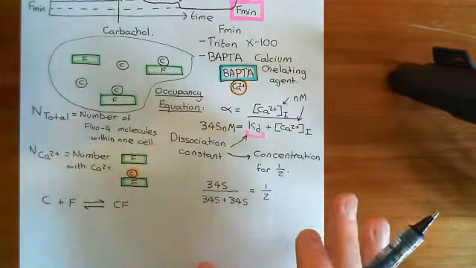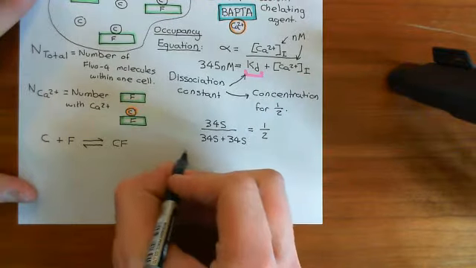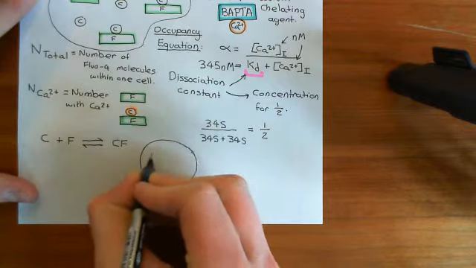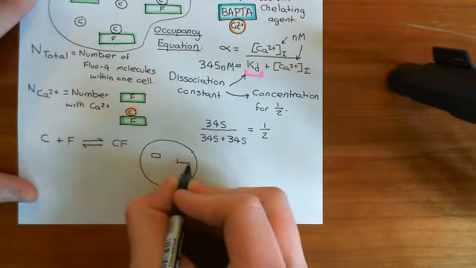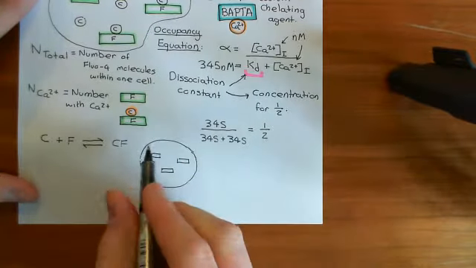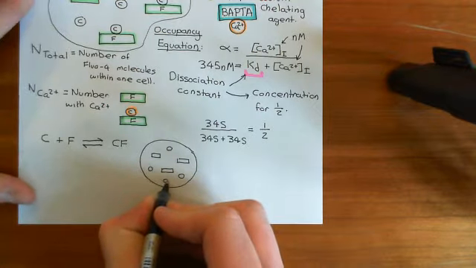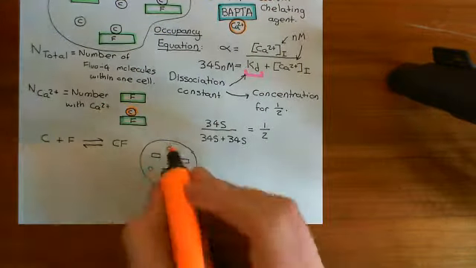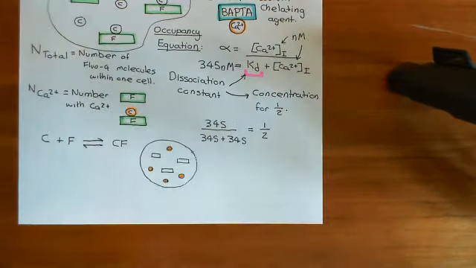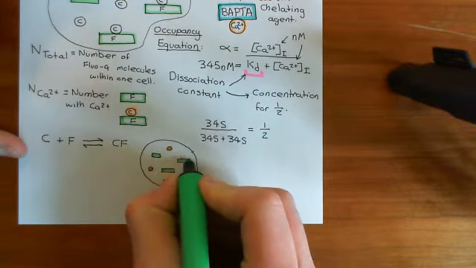Imagine that initially, within a cell, you have put in lots of Fluo-4 molecules, so we'll have our 3 Fluo-4 molecules here. Time hasn't begun yet, and you've also put calcium ions in here, but none of the calcium ions are bound to the Fluo-4 molecules. Here in orange are the calcium ions, and here in green are the Fluo-4 molecules.